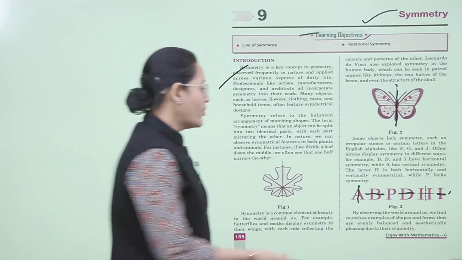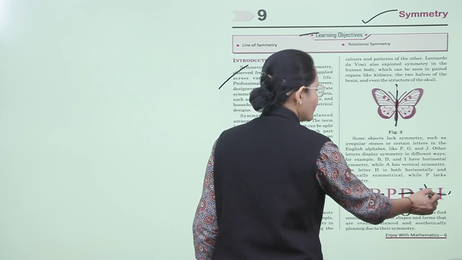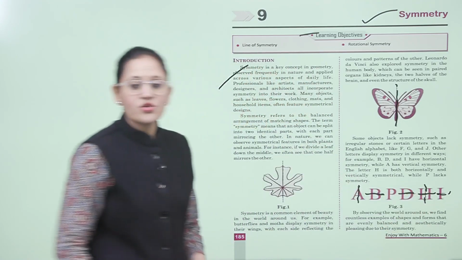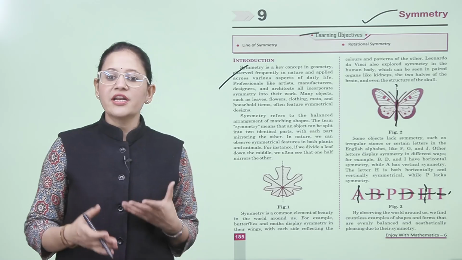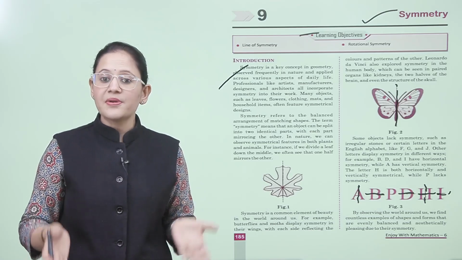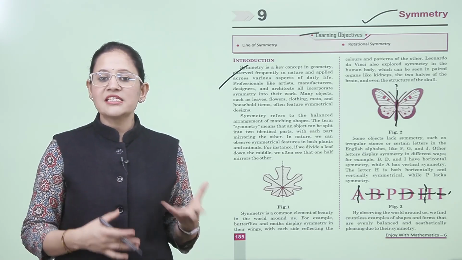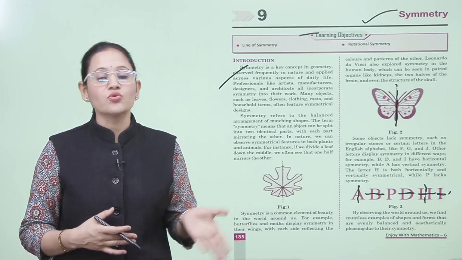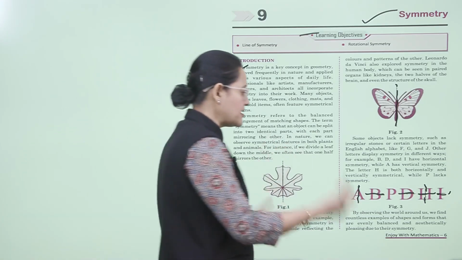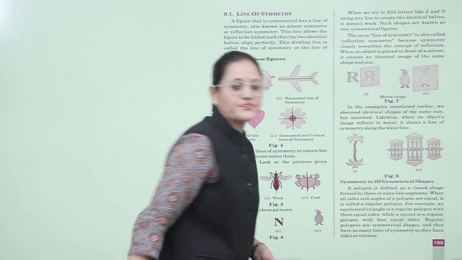H shows both vertical and horizontal lines of symmetry. So by observing the world around us, we find countless examples of shapes and forms that are evenly balanced and aesthetically pleasing due to symmetry. So symmetry makes things beautiful.